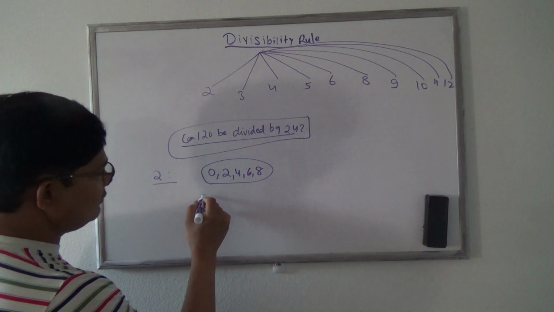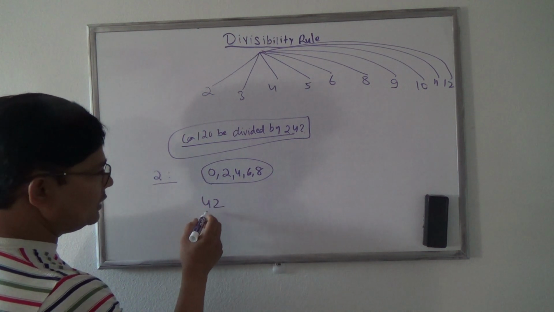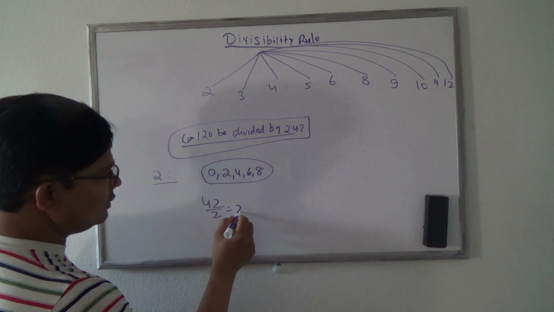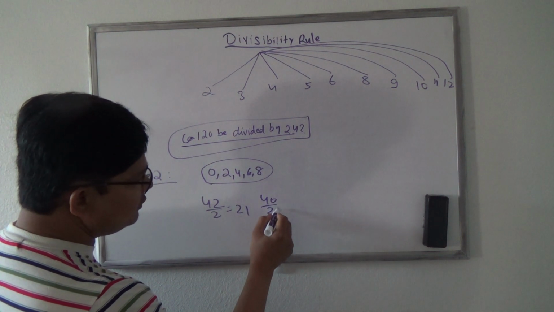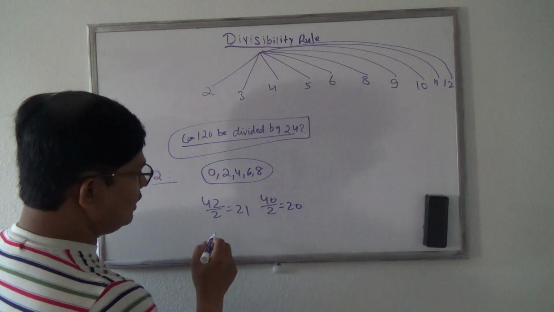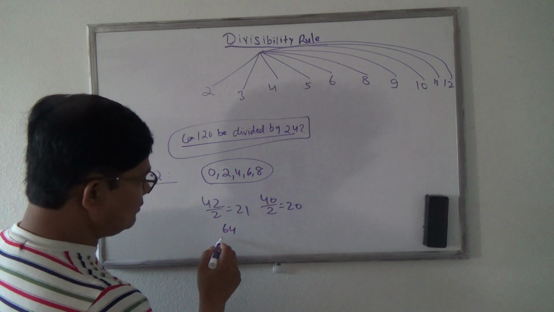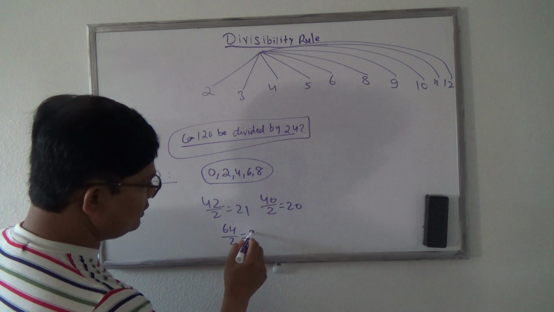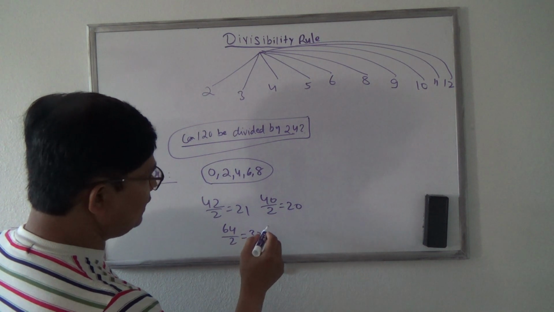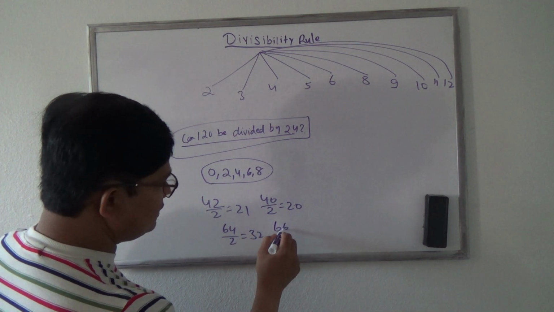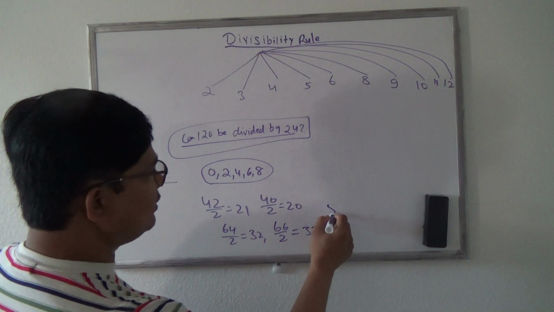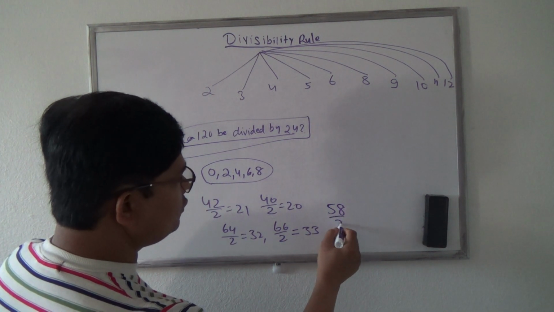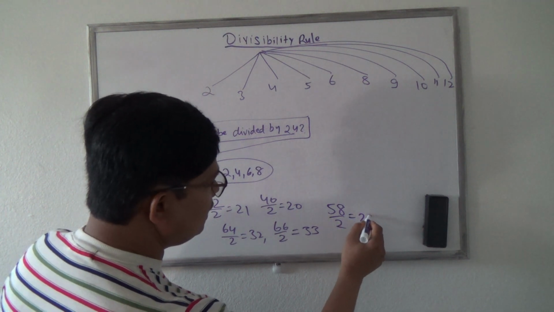So let's say 42. 42 can be divided by 2, which gives 21. Then 40 can be divided by 2, which is 20. And 64 can also be divided by 2, which is 32. And 66 divided by 2 will be 33. And 58 divided by 2 will be 29.